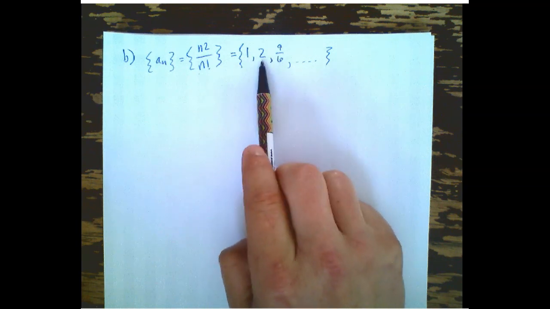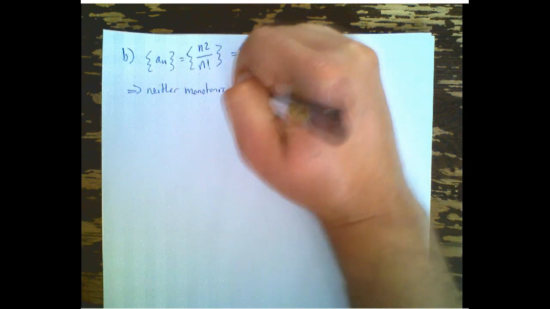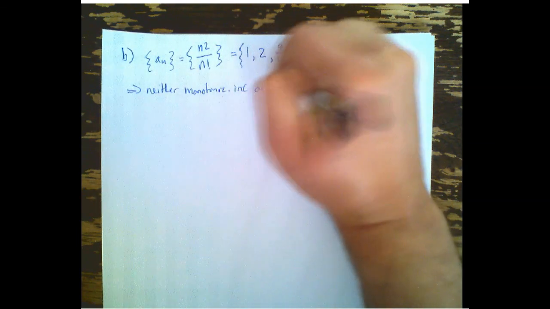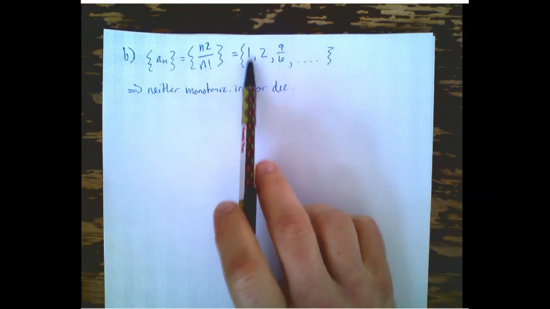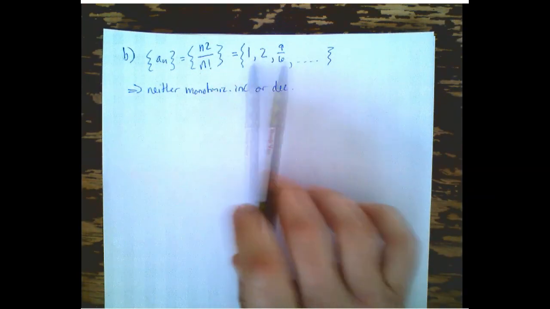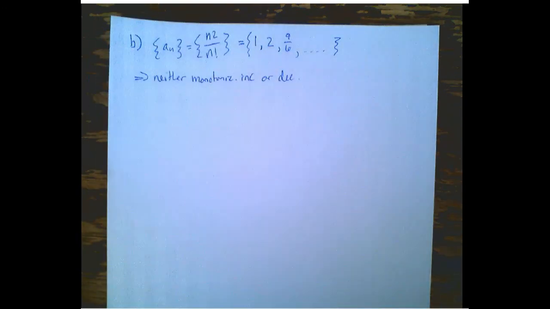So we had an increase to 2 and then a decrease back to 9/6. So we can see right away that this is neither monotonic increasing or decreasing. So here we can show that there's an increase and then a decrease in the first several terms. We can just conclude right away that it's not monotonic increasing or decreasing.